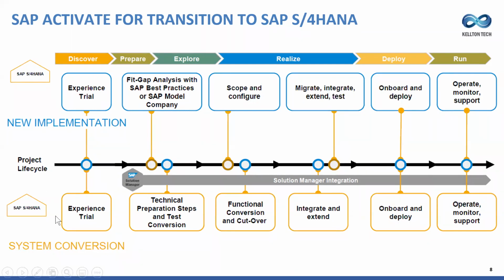So in this, what has changed is that there are 6 phases. Previously SAP methodology used to have 5 phases, and Activate methodology primarily focuses on 6 phases. What it introduced is typically what most of the consulting teams used to do. So a discover phase, where people can discover what is the right solution, what is the right fitment, and what are those processes that we need to identify and implement.